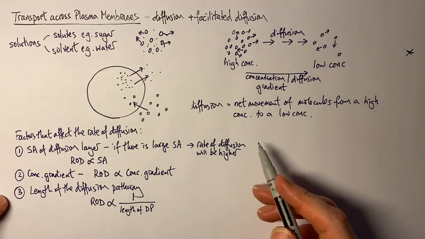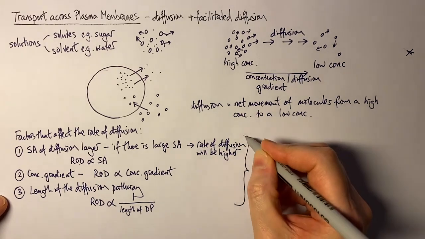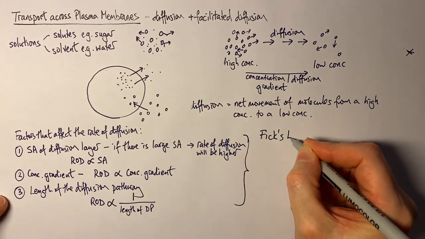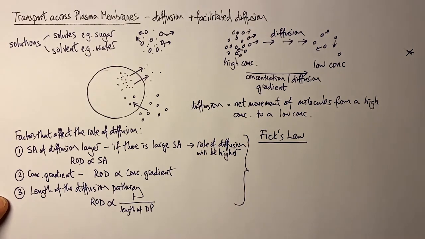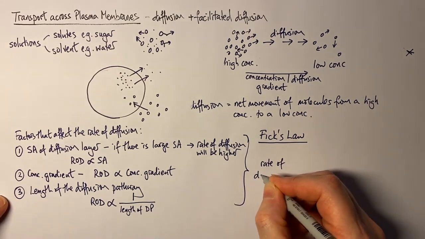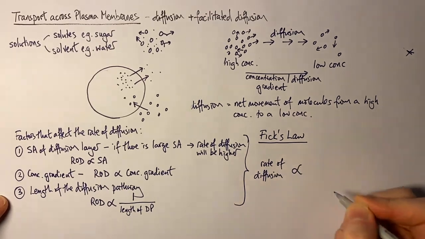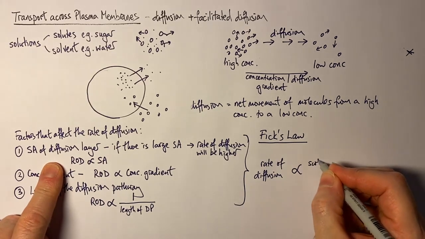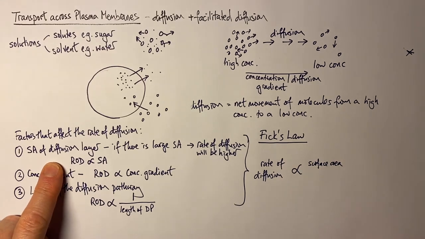And these 3 factors can be combined together into something called Fick's law. And Fick's law is this, that the rate of diffusion is proportional to the surface area where diffusion is taking place.